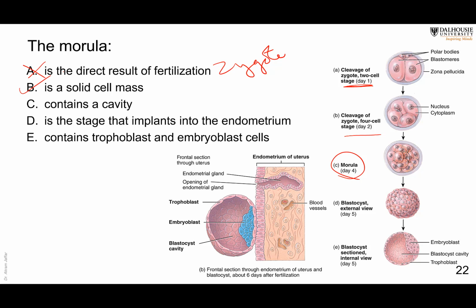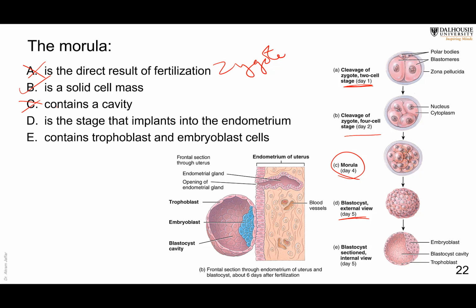It doesn't contain a cavity, because once it contains a cavity, as you can see here, from day 5 and the days afterwards, this is called the blastocyst cavity, and it's no more called the morula, it is called the blastocyst. So the morula is solid, it doesn't contain a cavity.